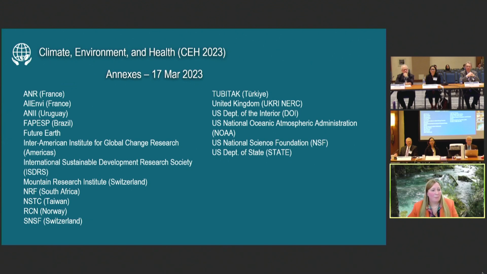So we have a couple of different organizations, the Inter-American Institute for Global Change Research, International Sustainable Development Research Society, and several of the funding agencies within our international landscape and Future Earth are able to actually fund low to middle income country research scientists directly.